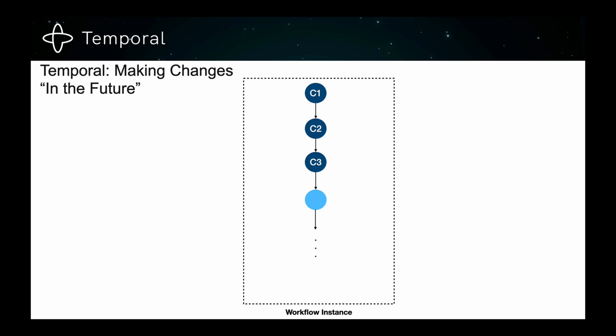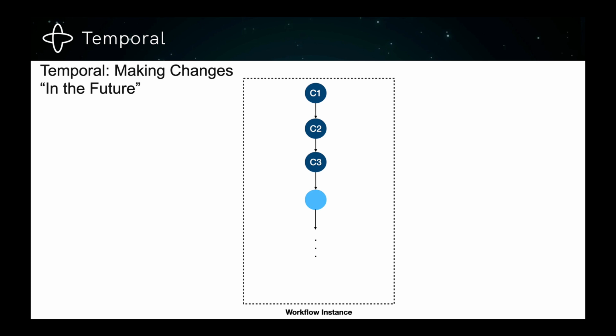Because in order to find if a workflow is deterministic, we only check what has so far been executed. This really means we can say, okay, we can always make changes to the parts of code which haven't executed yet. So for example, let's say we have a code here and the circles in dark blue color represent particular code and commands in our workflow definition which so far has executed.